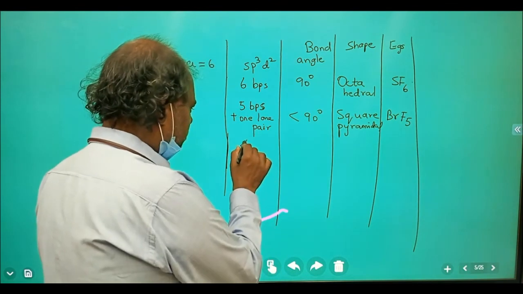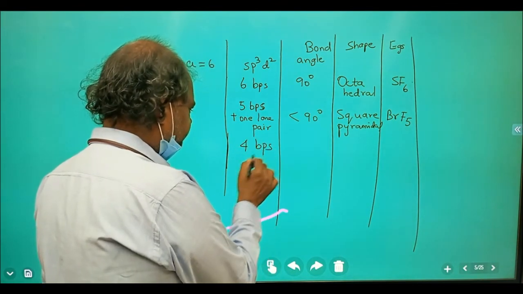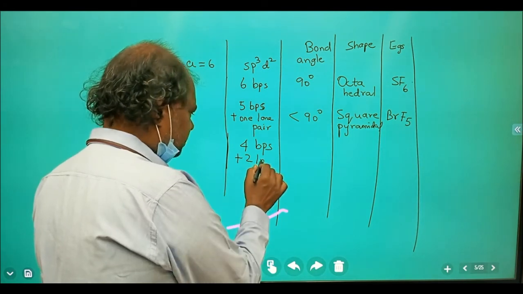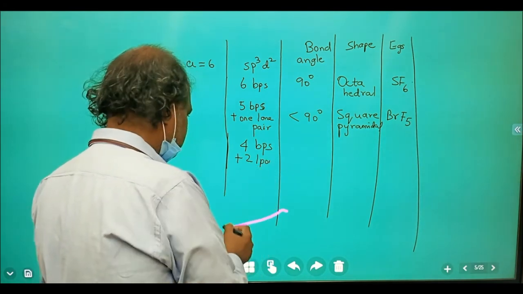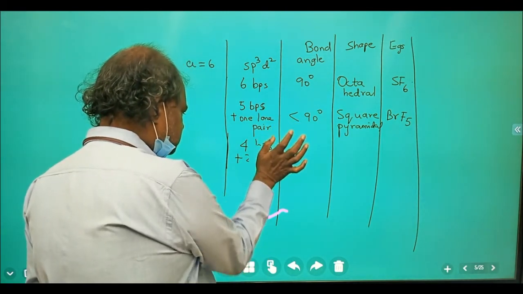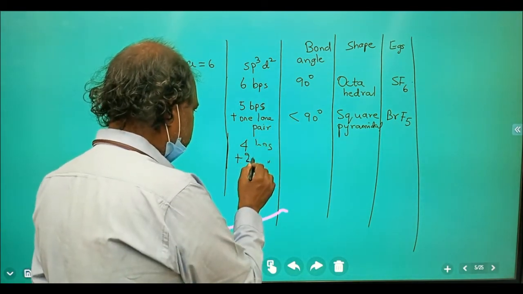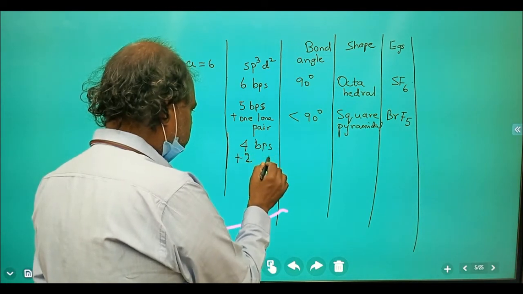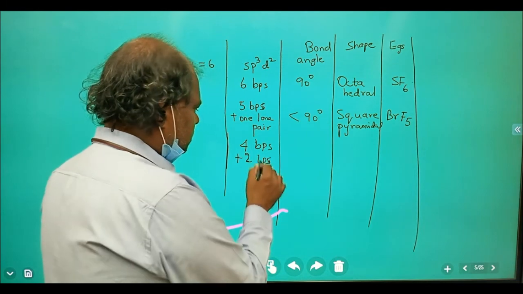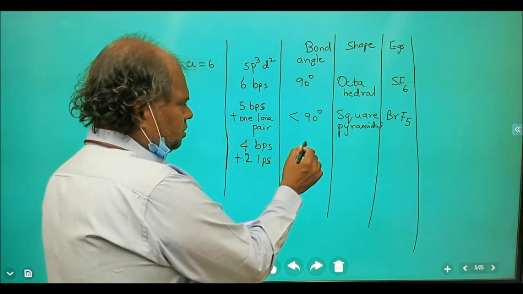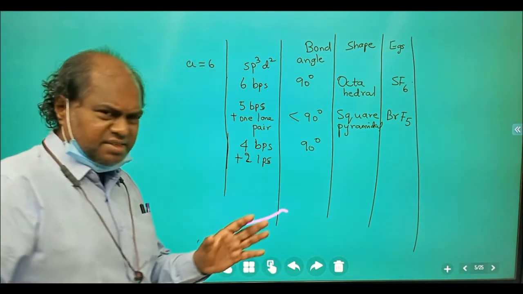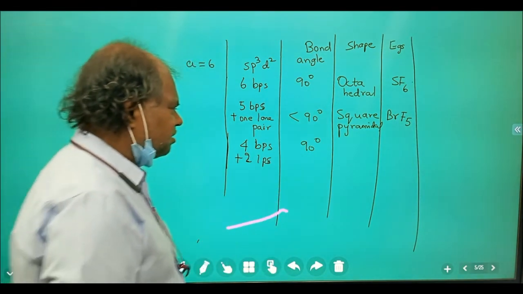Then you can have, students, four bond pairs and two lone pairs. Yes, LP means lone pair. Again, you will not get exactly 90, a little bit less than 90.